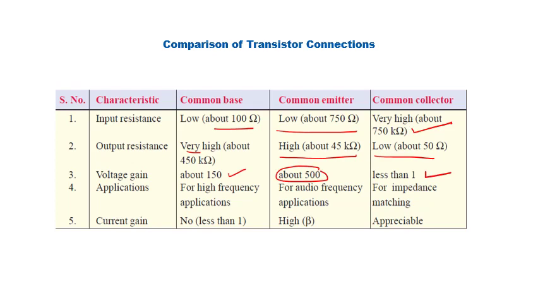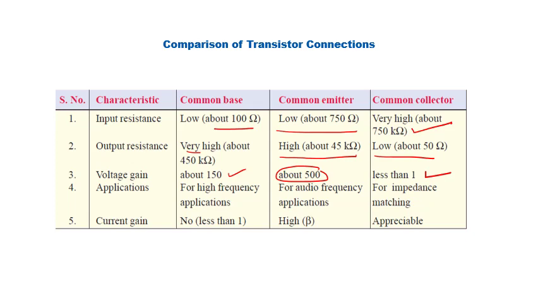And what are the different applications? Common base is basically used for high frequency application, and common emitter is used in the case of audio frequency application. And the common collector configuration is usually used for impedance matching because of this property.